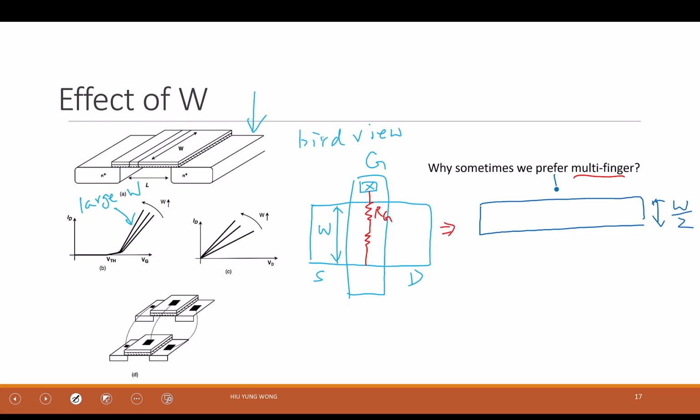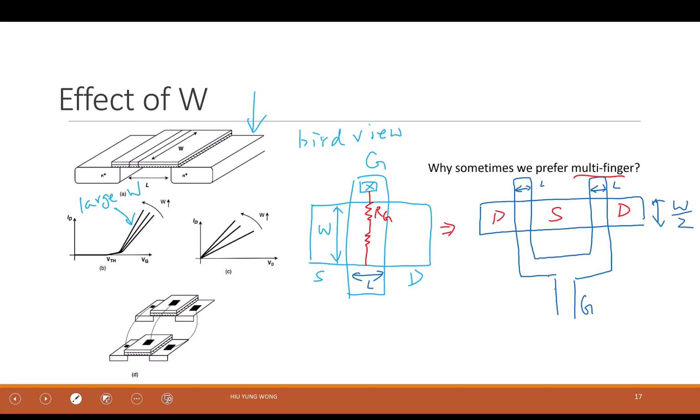I will go from the bottom and top, in this way. This is the gate. If this is called L, this is still L, but the W is divided by 2, because now I make this part the source and these two parts the drain. And then I will connect the drains together.